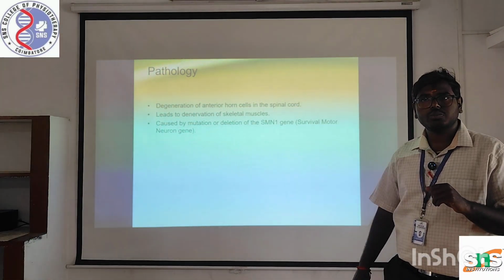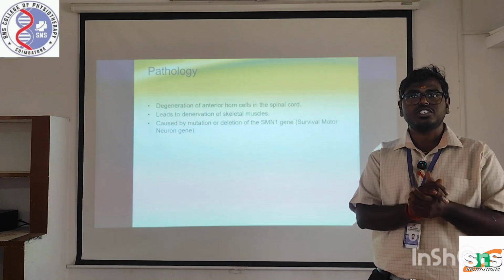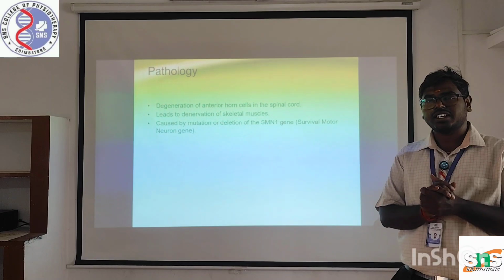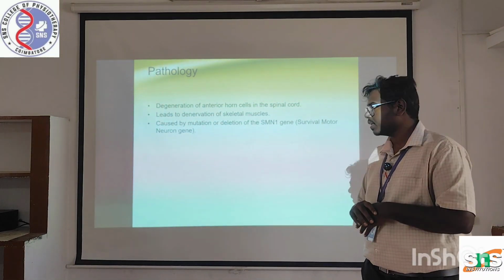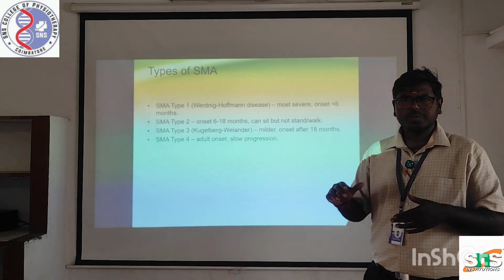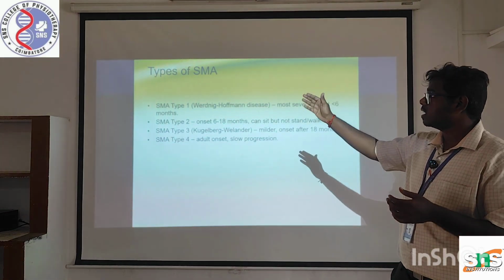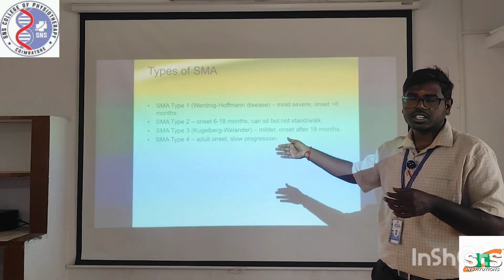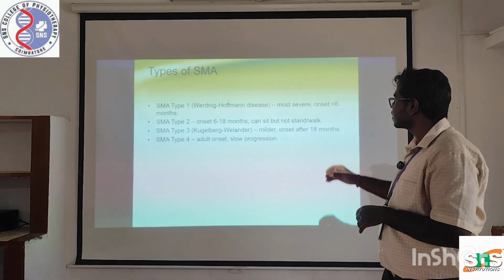It is also caused by mutation and deletion of the gene known as the SMN1 gene, which is present in our genetic makeup and leads to spinal muscular atrophy. Generally, spinal muscular atrophy comprises different types: SMA type 1, type 2, type 3 and type 4. These are the 4 different types of spinal muscular atrophy.